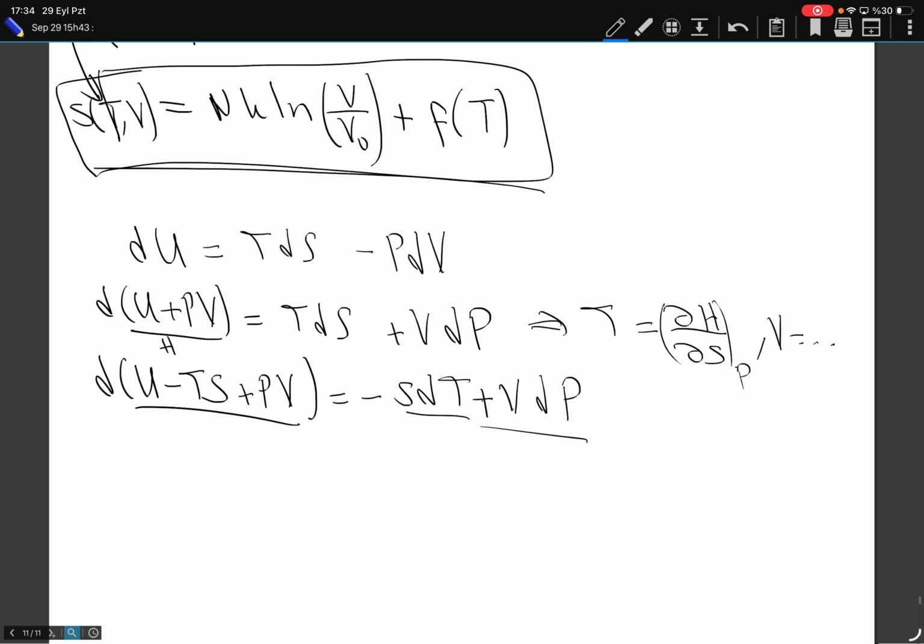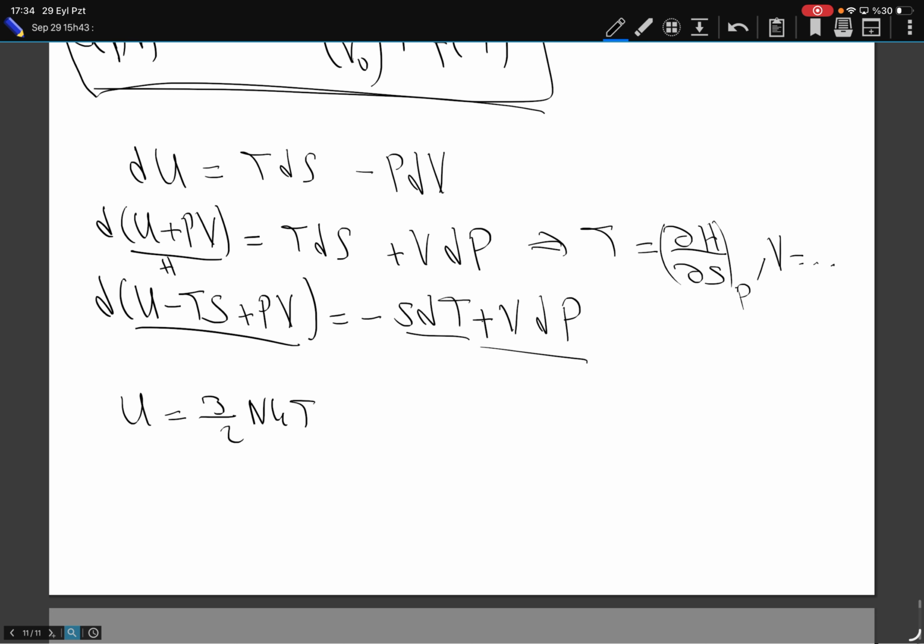Now we are tired, but let me just do one more simple computation. Let's ask this question. I said that for an ideal gas, U is equal to 3/2 nKT. Okay. So just using the equation of state, can we show that the internal energy of the ideal gas does not depend on the volume, and that it only depends on the temperature?